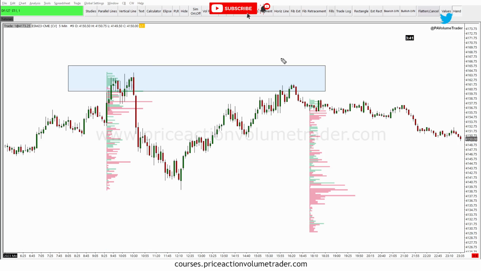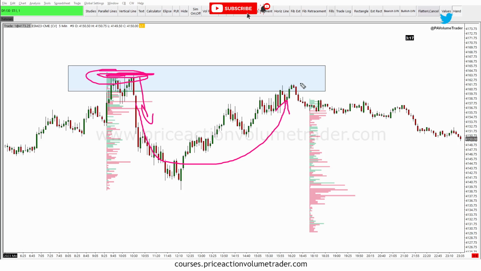So that means there were really big limit sell orders here that were getting filled with the aggression of the buyers. All the buyers got absorbed. We pushed down, and then once price pulls back here, as you can see, this was defended heavily by sellers.